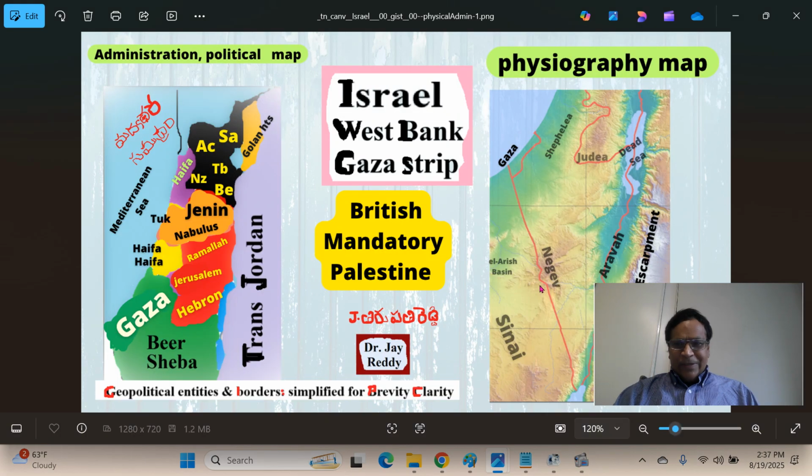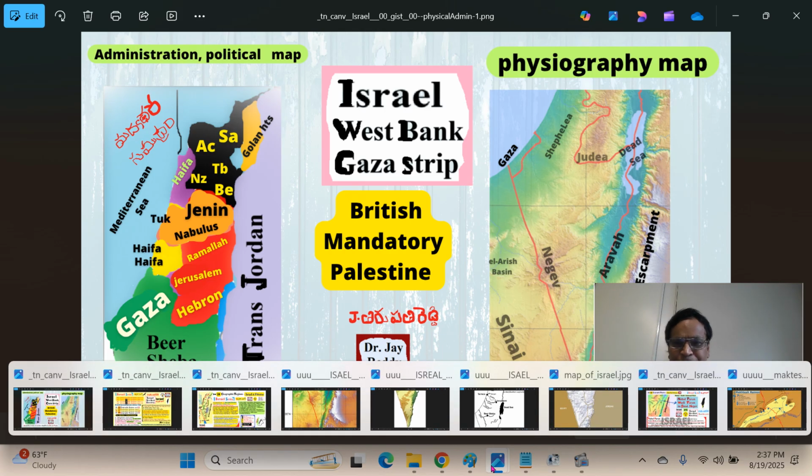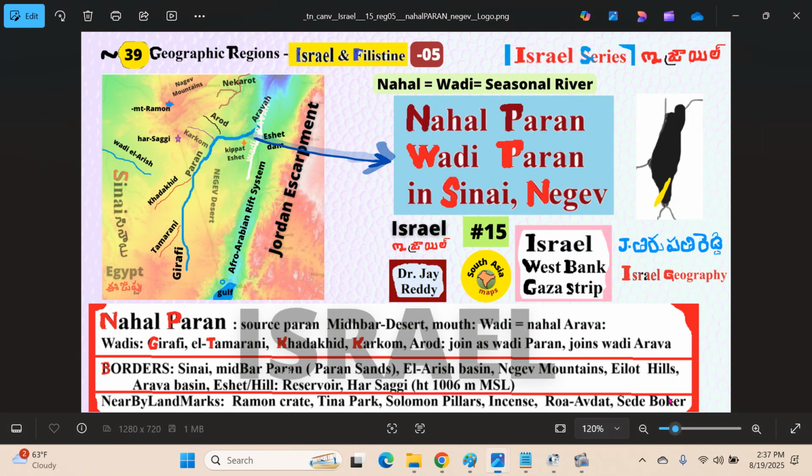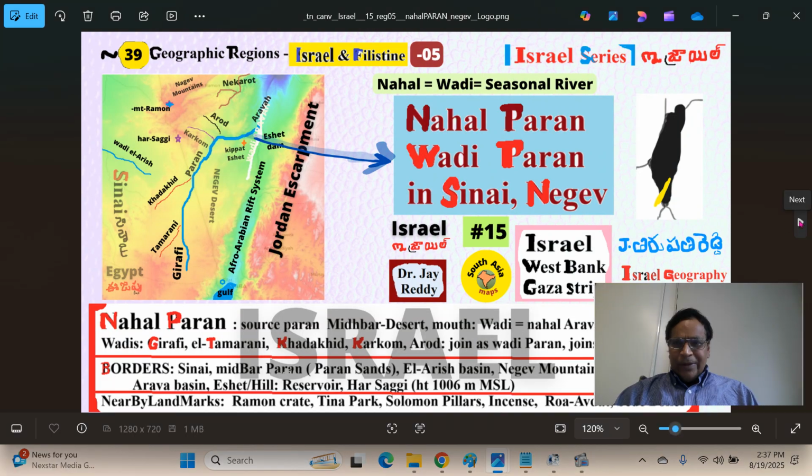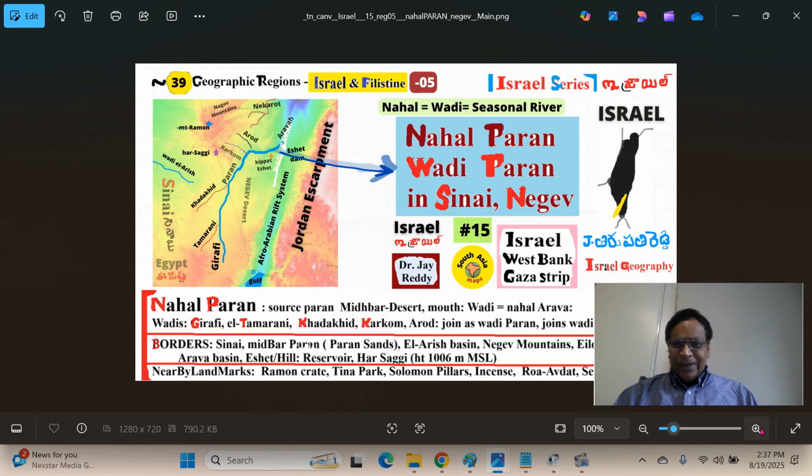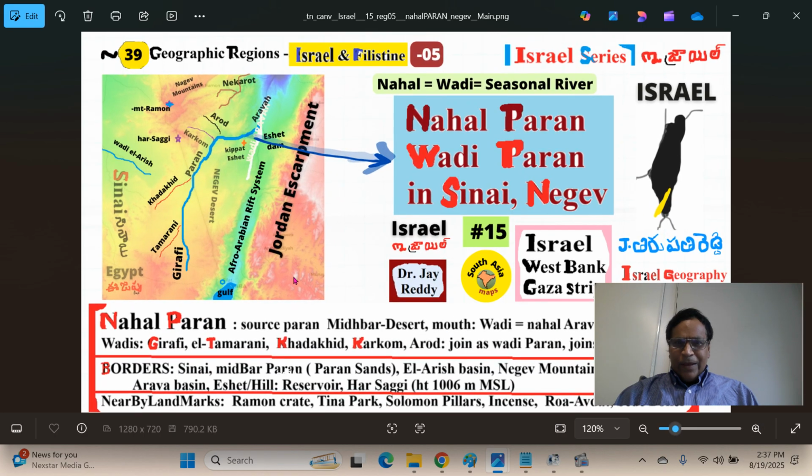Physiographic maps give a better three-dimensional view of the physical features of a land habitat compared to two-dimensional geopolitical maps. First, I will talk about this region. Later, I will show different physiographic maps so that you will understand this region a lot better.